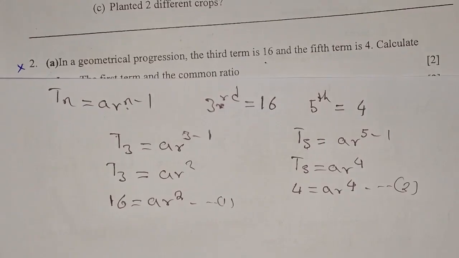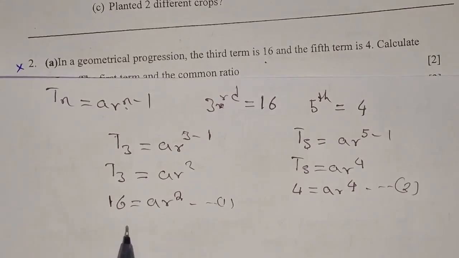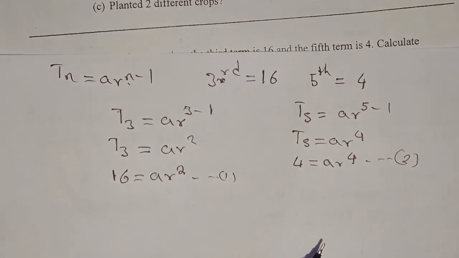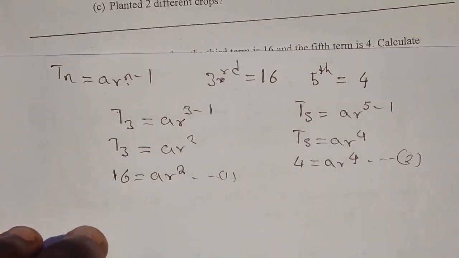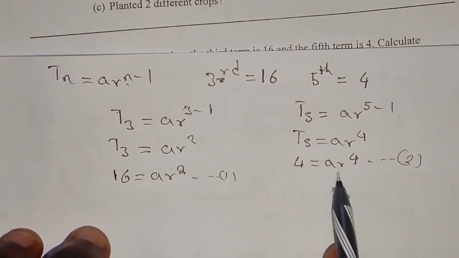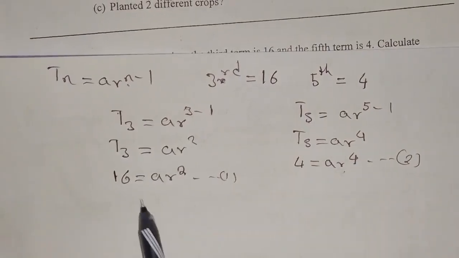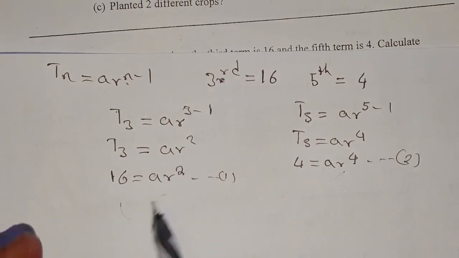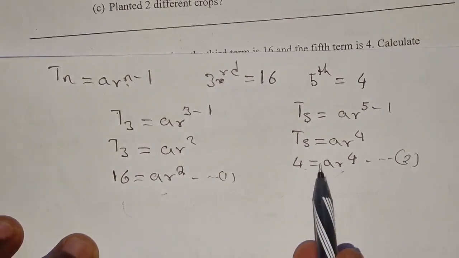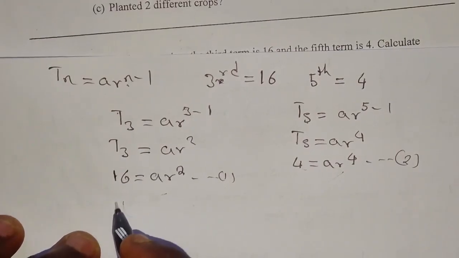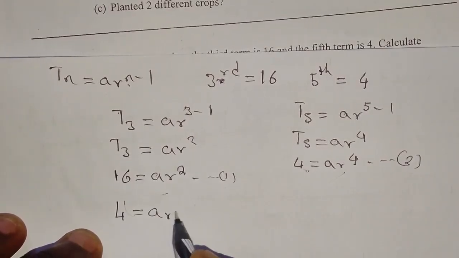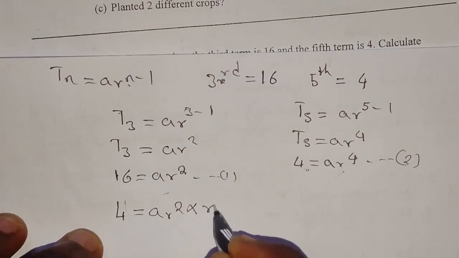Having these equations, it's now easy for us to solve to find the first term and the common ratio, which is r. Here you should try by all means to make this equation look the same as the other equation. So this equation can also be written as 4 is equal to ar squared multiplied by r squared.